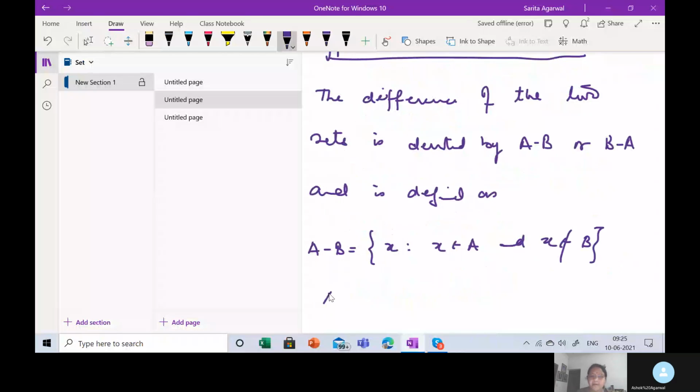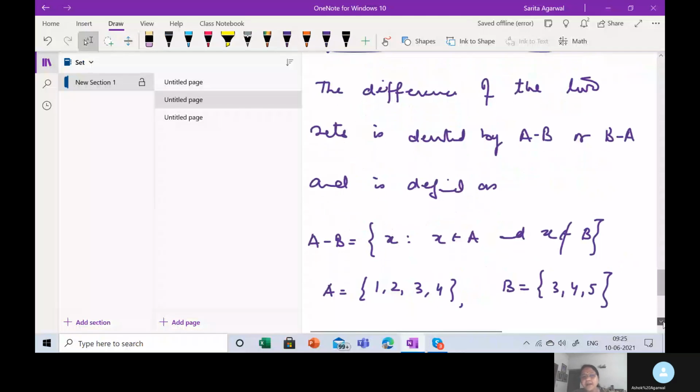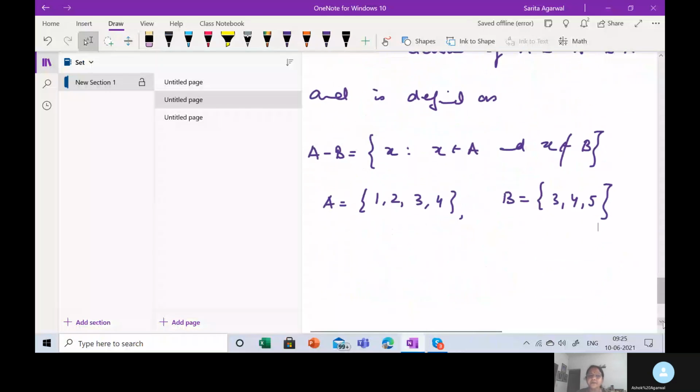Like if we have A as 1, 2, 3, 4, and B has 3, 4, 5, then the elements which are in A but not in B give A minus B as just 1, 2.